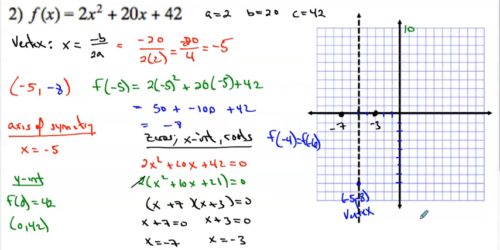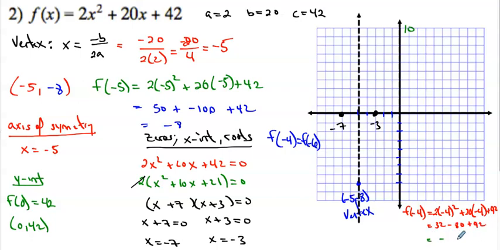So f of negative 4 I'll do here on the side. Here in the bottom, f of negative 4 equals 2 times negative 4 squared plus 20 times negative 4 plus 42. All right, and so this is going to equal 16 times 2 is 32. That's going to be minus 80, and then plus 42 here.